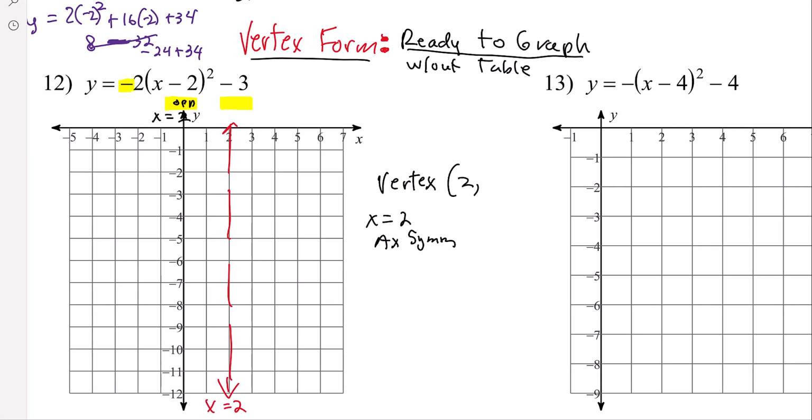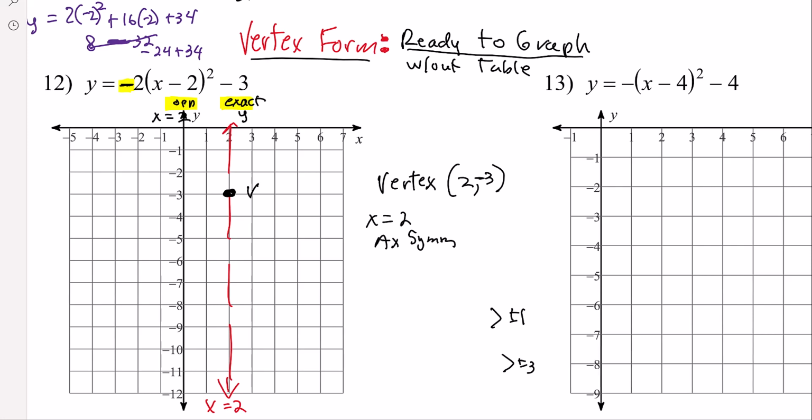All right, now we also have the y value. So you just take this exactly. So that's the y value of the vertex. So that's negative 3. So at 2, negative 3, and then look at, this tells us we're going to go down 2. So normally we go either up or down 1 and then up or down 3.